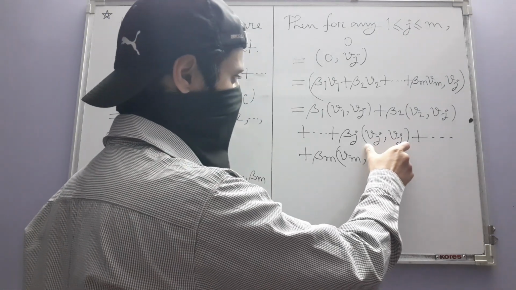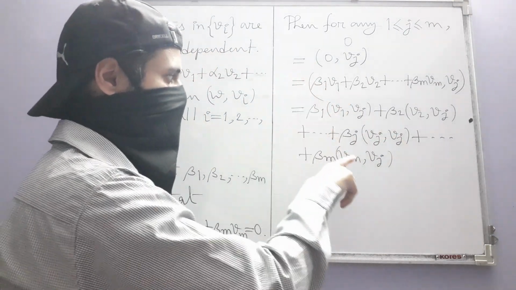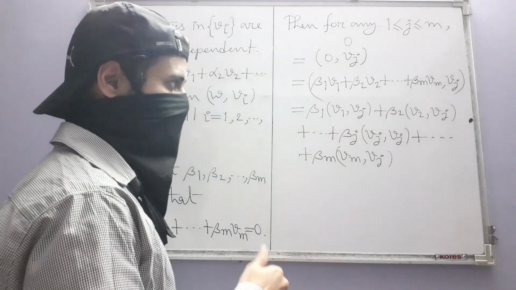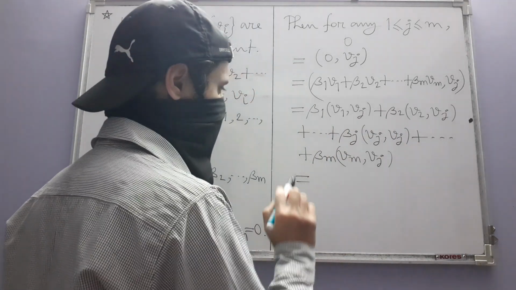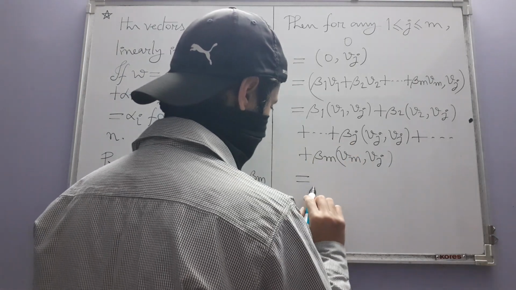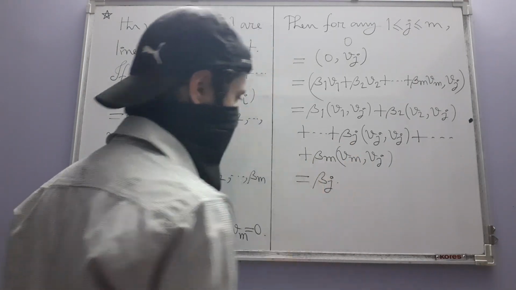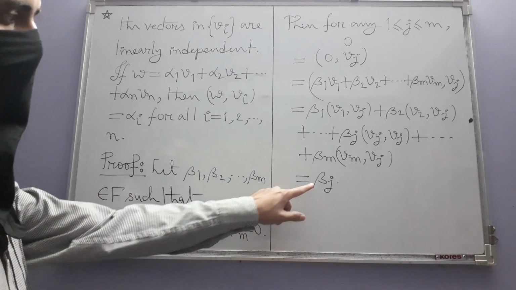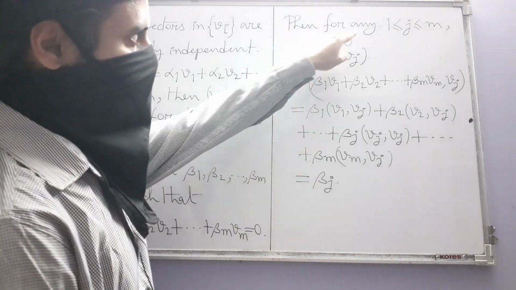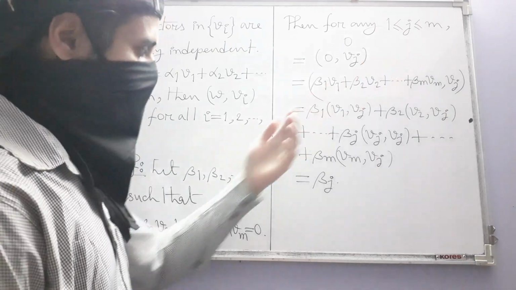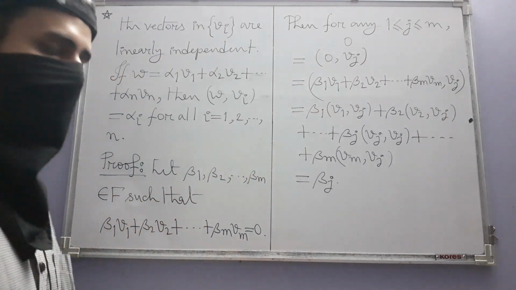This being 1, that comes from condition 1, and the others being 0, that comes from condition 2. So that leaves us with what? Only beta j. So we have ended up proving that beta j is equal to 0. But this we have done for any j. So that means all these beta j's are 0.